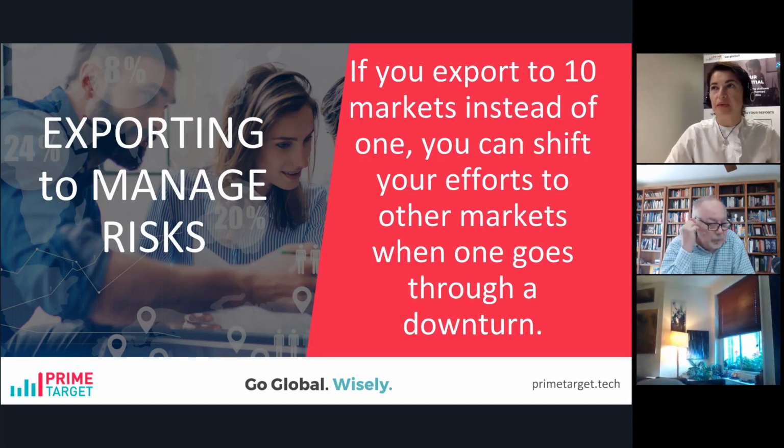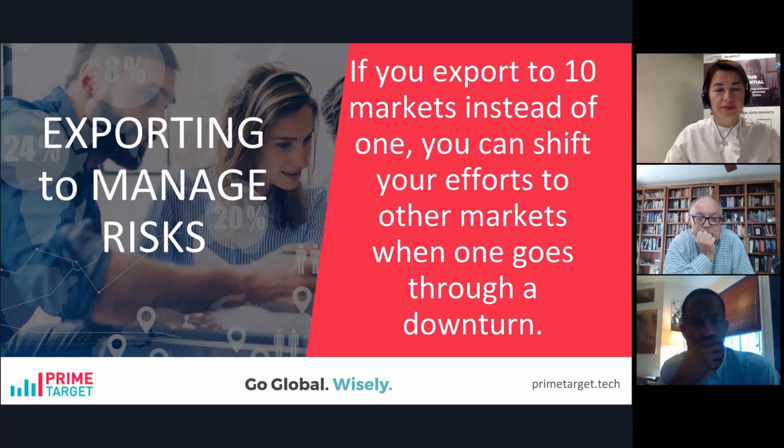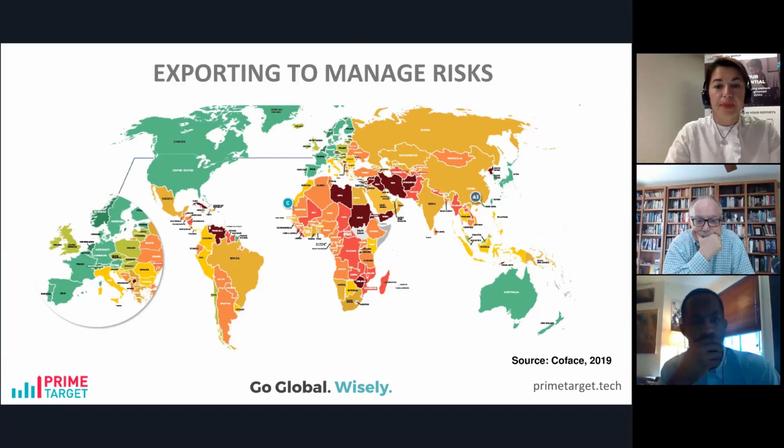So for example, if today you are working only in the USA or only in the UK or only in Japan, and suddenly there is some regulation change, or there is a ban on your product, or there are some economic difficulties, then by having various markets at the same time, you will not suffer economically that hard. That's why there is lots of proven data that going into different markets at the same time is the best strategy to manage your risks and to have a viable company in the long term.